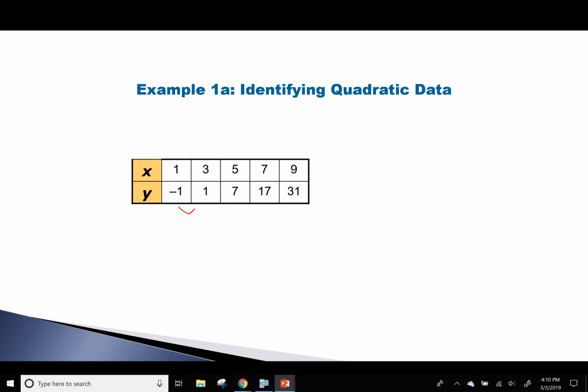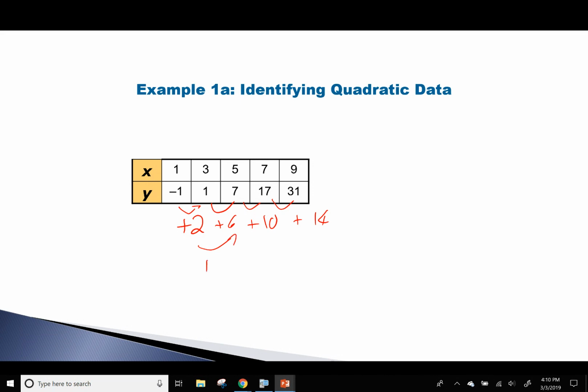So -1 to +1 would be adding 2. +1 to 7 would be adding 6. 7 to 17 would be adding 10. And 17 to 31 would be adding 14. So those are the first differences. But now I want to know what the difference is between those numbers.